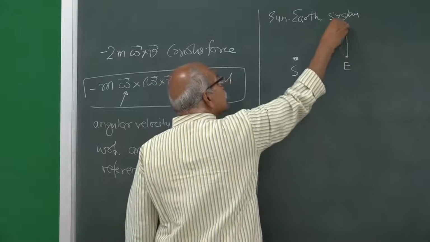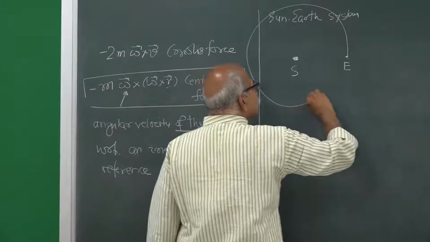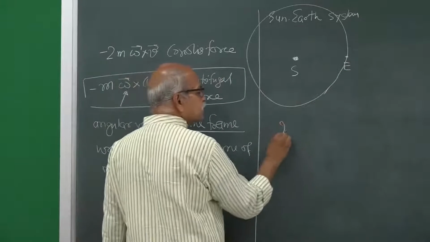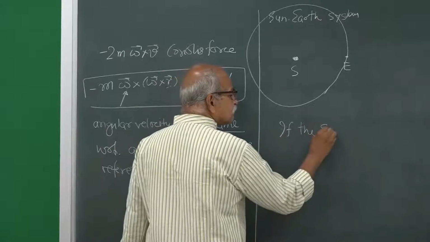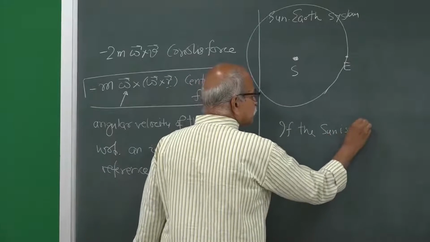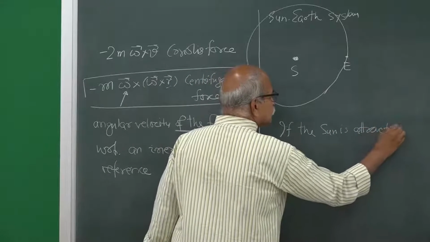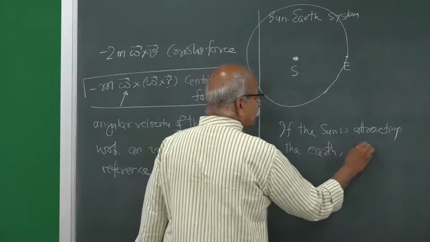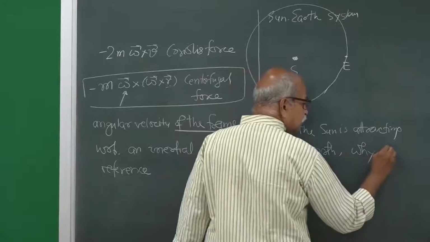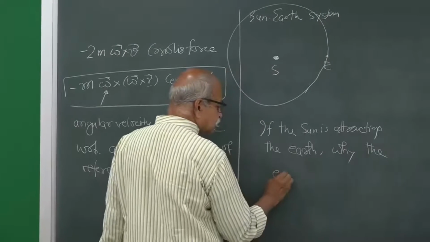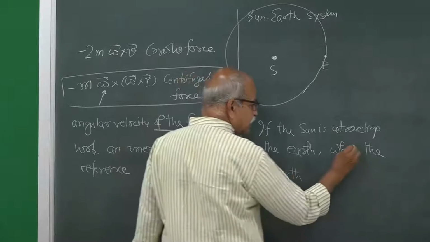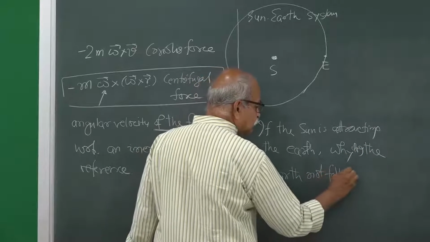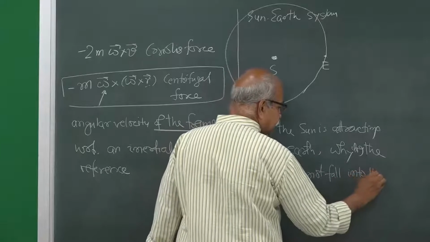The eccentricity is very small, and so if you assume this circular orbit, often a question is asked, if sun is attracting the earth, why does the earth not fall into the sun?